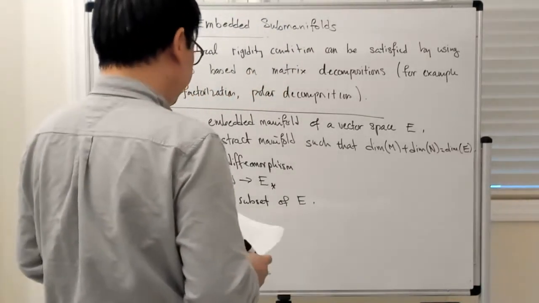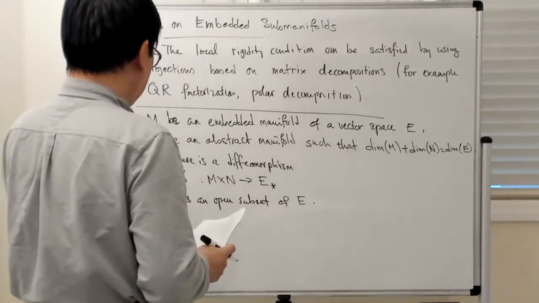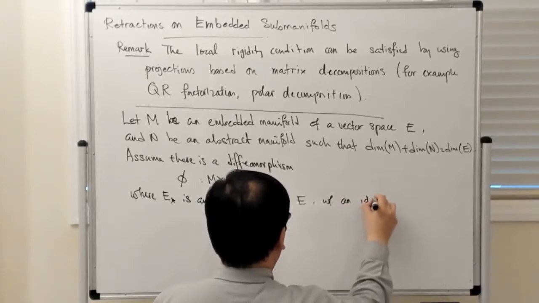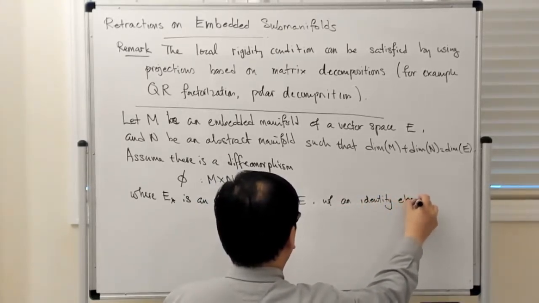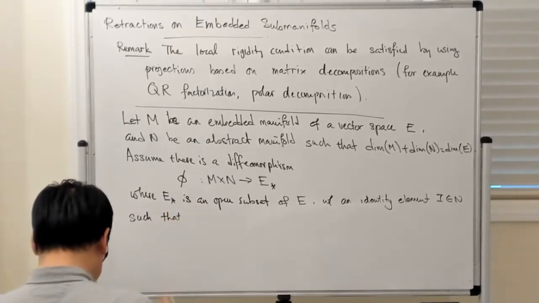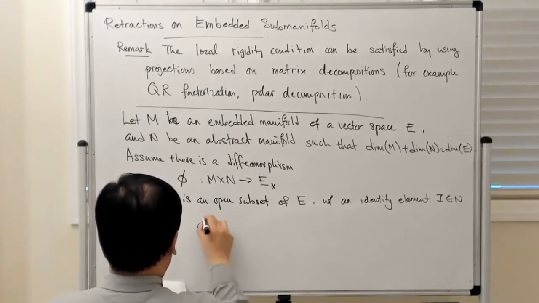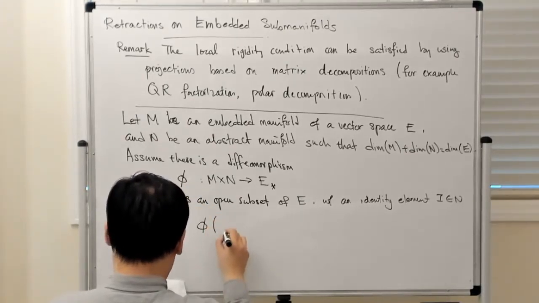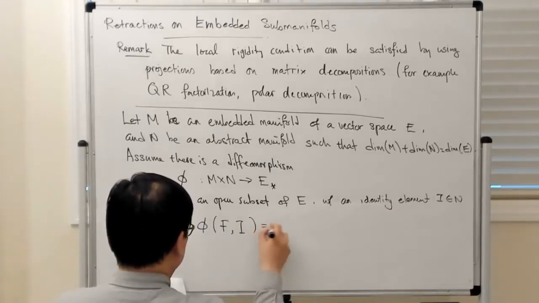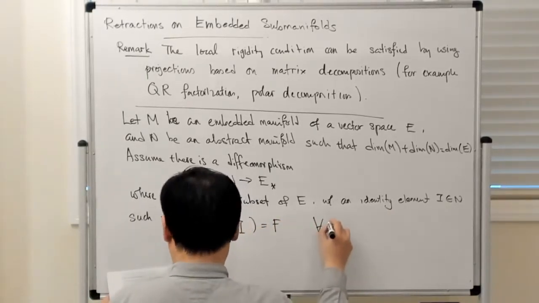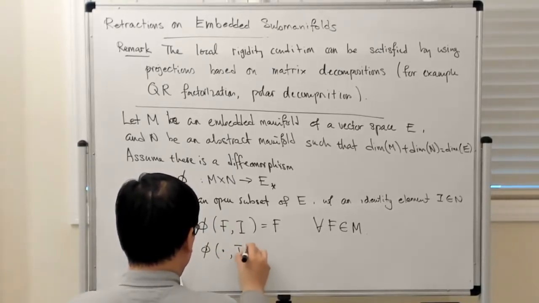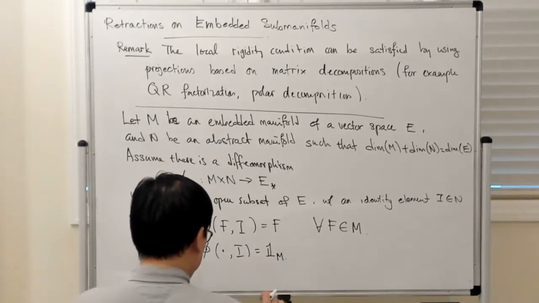And there's something like an identity element in this manifold N. Let's call it I in N, such that when you have this diffeomorphism for a point F and a point I, where I is this neutral element in N, you just get F, for all F in M. So that's more or less saying that this map with the identity is just the identity map on M.